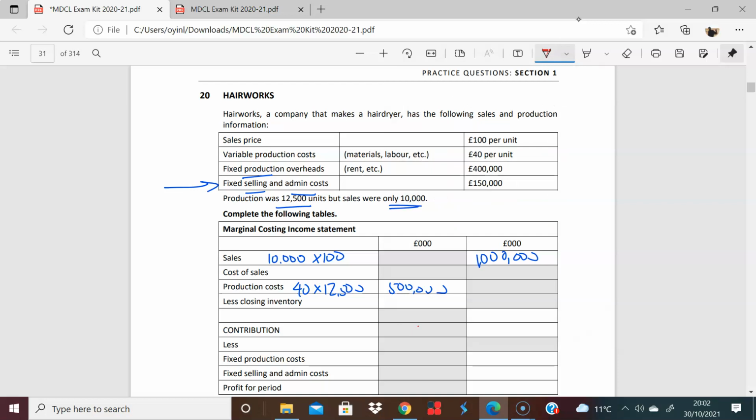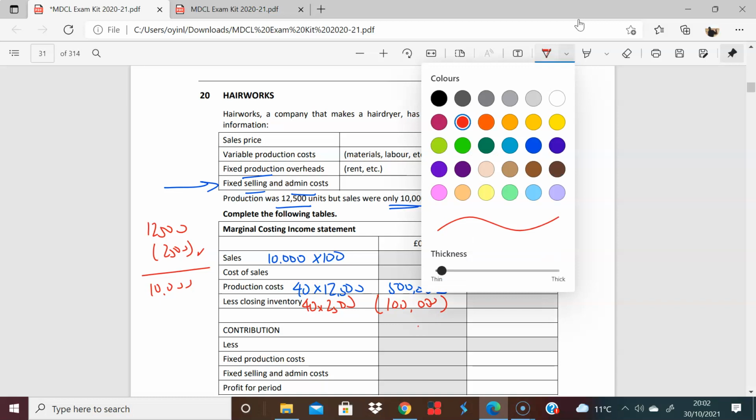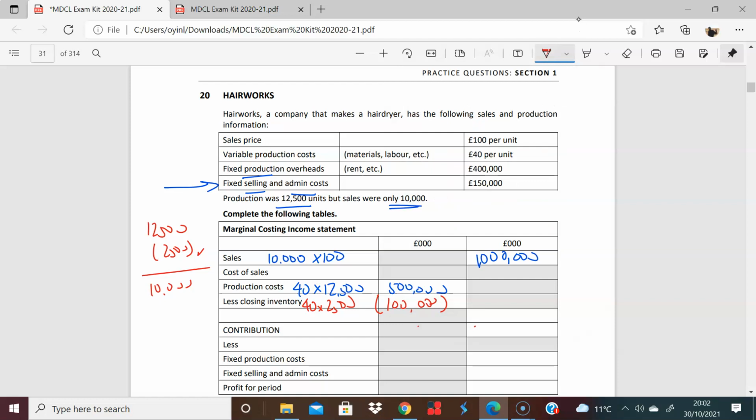The closing inventory is 2,500 of it, because you sell 10,000, so you have 2,500 left. 40 times 2,500 is 100,000, which leaves us with variable costs of 400,000.